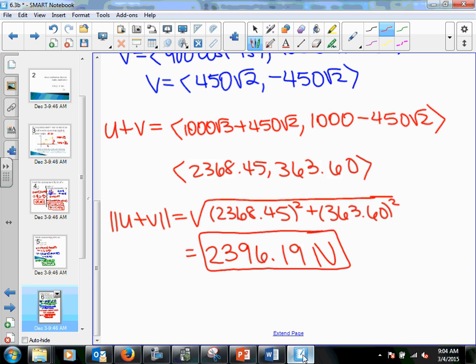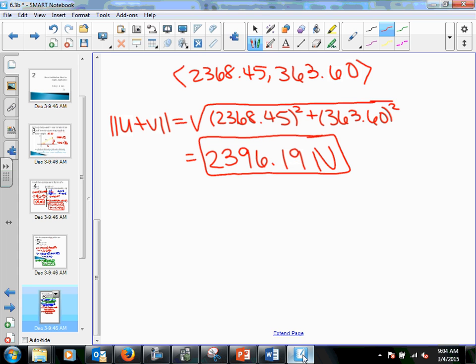Okay, now we need to find the direction angle, correct? How do we do that? First of all, what quadrant are we in? The first. We're in the first quadrant, that's good. That means we went over 2368.45 and up 363.6.